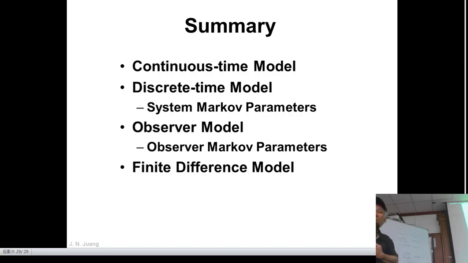Because when we use a computer to do feedback, that is a discrete time model. We also talked about the finite difference model. And they are all related to A, B, C, D, and G. So any model can be used to describe the behavior of a system.